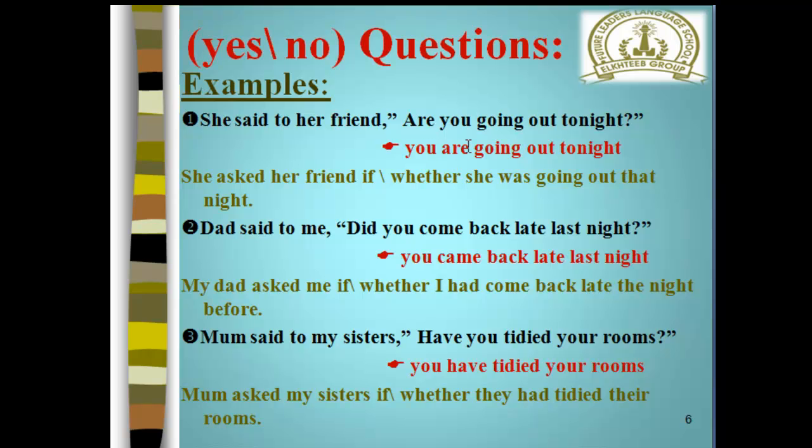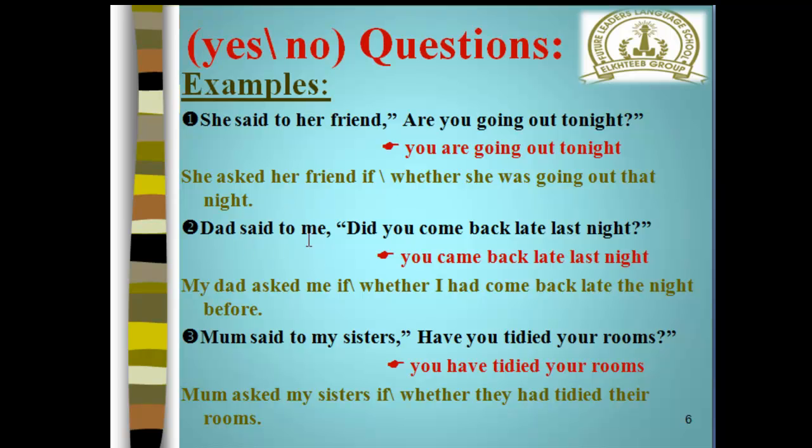Don't invert the subject and the helping verb. Change the question into a statement: She asked her friend if she was going out that night. Change tonight into that night, are into was, and you into she according to the speaker.